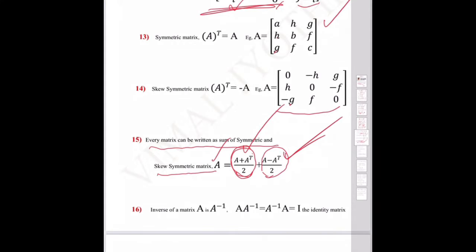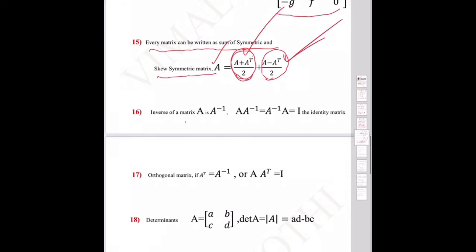Okay. Then inverse of a matrix is denoted by A inverse. That is, A A inverse equal to A inverse A equal to I, the identity matrix. Here A is a square matrix. Then inverse of a square matrix A is denoted by A inverse. Then A A inverse equal to A inverse A equal to I, the identity matrix.